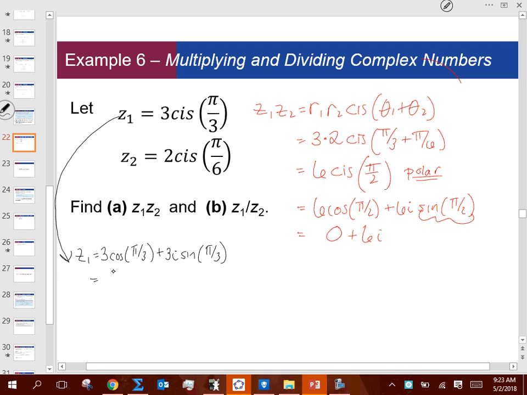So 3 times 1/2 is actually 3/2. And then the sine of pi over 3, radical 3 over 2, right? So this becomes 3i radical 3 over 2. That is the rectangular form of z1. I want to do the same thing for z2 real quick. I'm just trying to prove a point here for you guys.